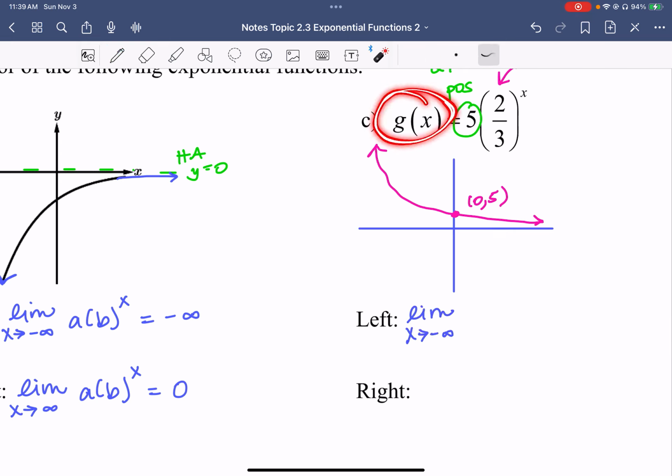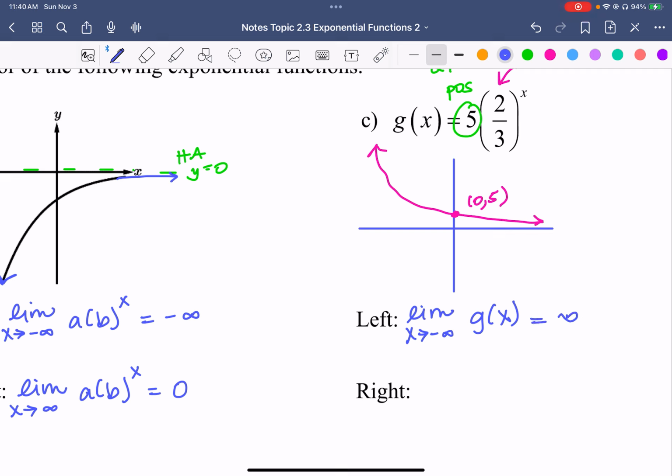And this one, they did give me the name. It was called g of x. So I don't need to write a times b to the power of x if they give me the name of the function. So on the left, the graph was pointing up to positive infinity. On the right, I have the limit as x approaches positive infinity of g of x is equal to 0 because it's going towards the horizontal asymptote at y equals 0.